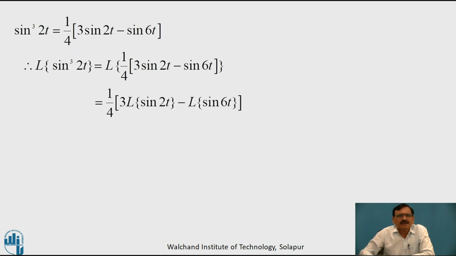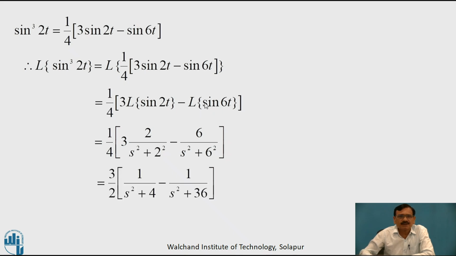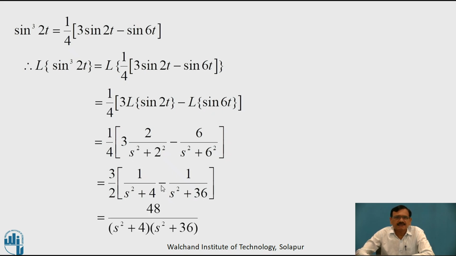That is, by using linearity property, 1 by 4 into 3 into Laplace transform of sin 2t minus Laplace transform of sin 6t, which is equal to 1 by 4 into 3 into Laplace transform of sin 2t is 2 upon s square plus 2 square, and Laplace transform of sin 6t is 6 upon s square plus 6 square, which is equal to 3 by 2, taking 6 common, then 1 upon s square plus 4 minus 1 upon s square plus 36, taking LCM. We can write, for simplification, this will be 48 upon s square plus 4 into s square plus 36.